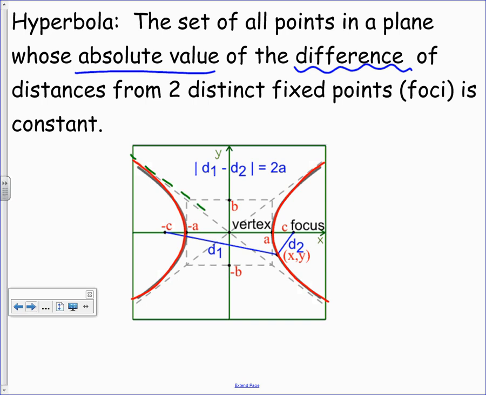You do have 2 asymptotes, and they're going to crisscross right in the middle, and that middle point right here is your center. You will have two vertices. There's a vertex, there's a vertex, and you will have two foci. Here's a focus, and there's the other focus. So a hyperbola is going to have two halves.